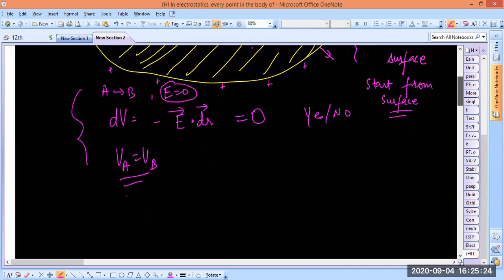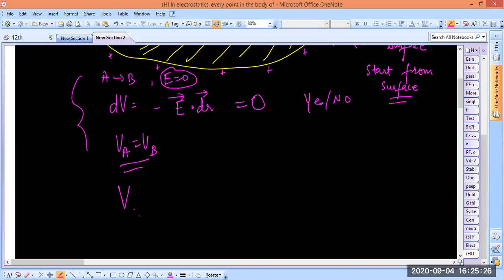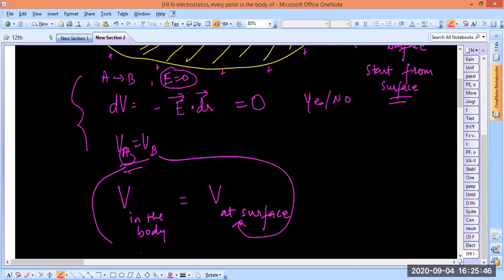Based on this, I can write V in the body is equal to V at surface, because B is at the surface and A is in the body. Understood? If yes, please say it so then we can continue.